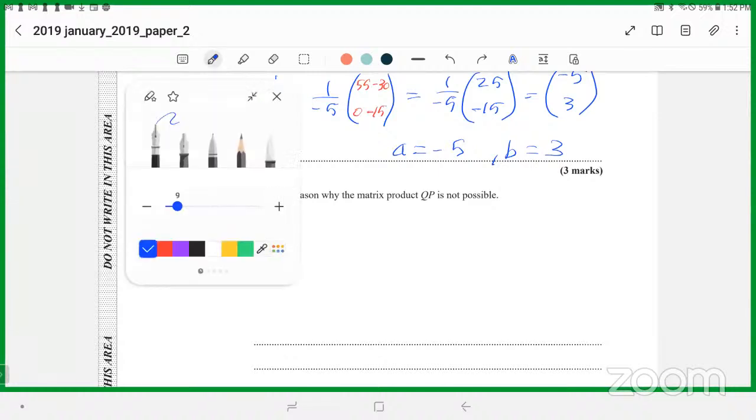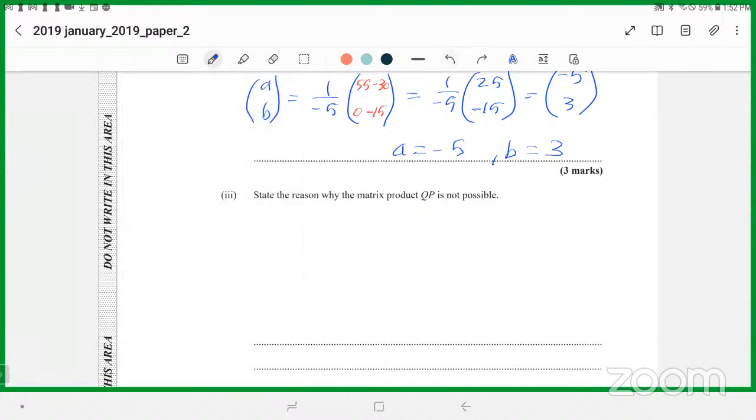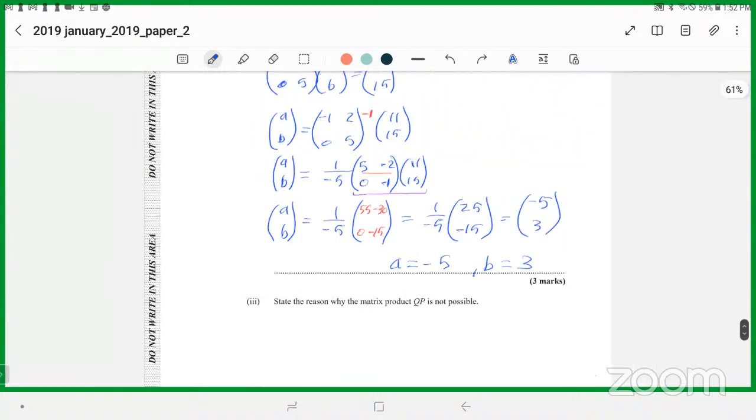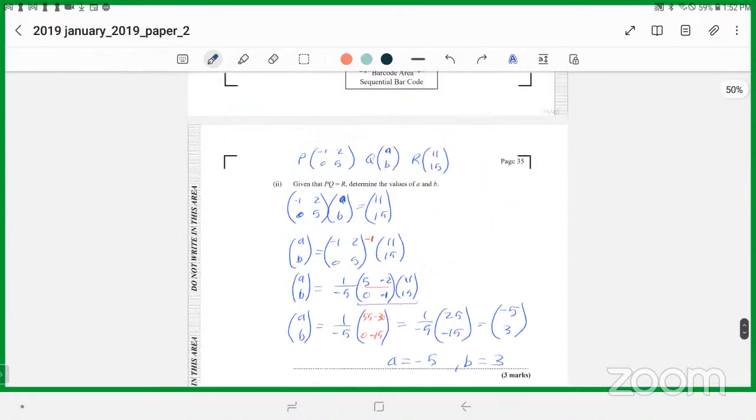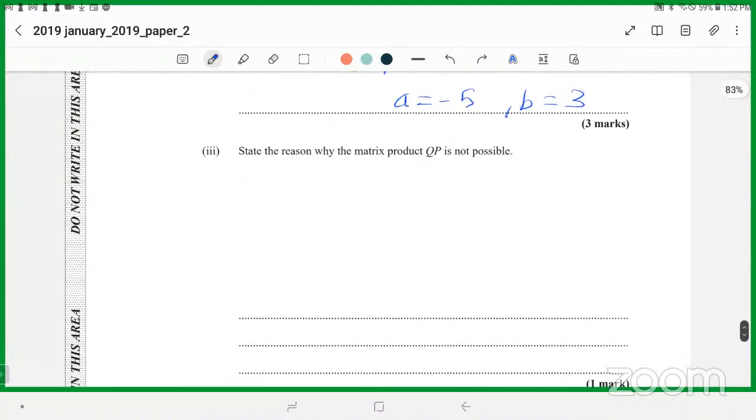If you multiply these two, Q, remember, is a 2 by 1 matrix, but P is a 2 by 2 matrix. So this multiplication would be a 2 by 1 times a 2 by 2. I'm writing this out on my exam paper, you know.